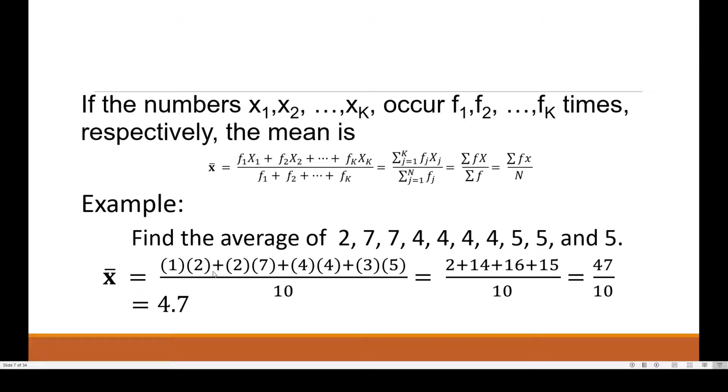So 1 times 2 plus 2 times 7. So there are 2 7s plus 4 times 4. So there are 4 4s and 3 times 5. So we have here 3 5s. So the average is 47 over 10, or 4.7.